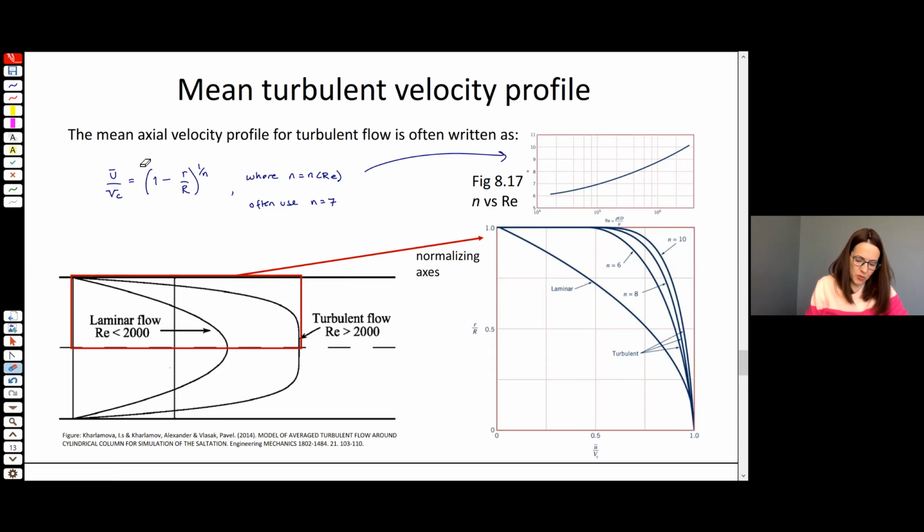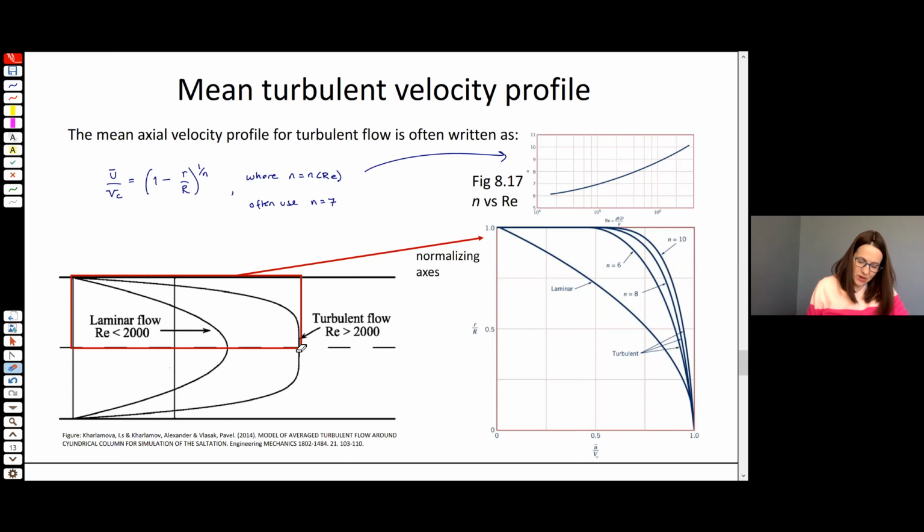So this velocity profile looks a lot like the velocity profile for our parabolic flow, right? The difference was for the parabolic flow, we had 1 minus (r over R) squared, right? Which gives us a parabola like we see down here. This power law turbulent velocity profile looks more like this.